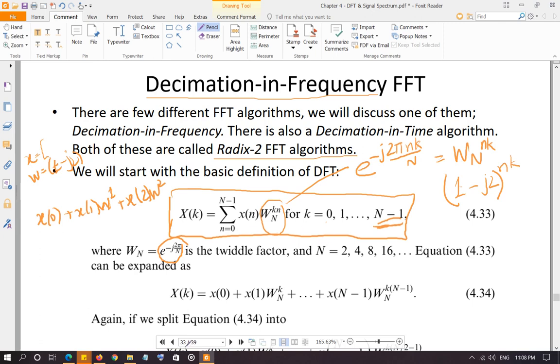So that's what my goal is. Now you can still calculate W to the power 1, W to the power 2 using your calculator or MATLAB, and then plug in the value. You don't really have to show me the value when you're plugging it in, and then just give me the result. That's okay. But this expansion I'm expecting from you if I ask you to show me the work.